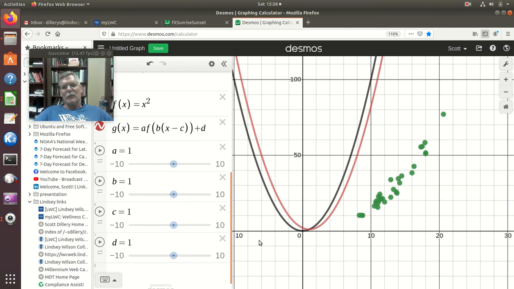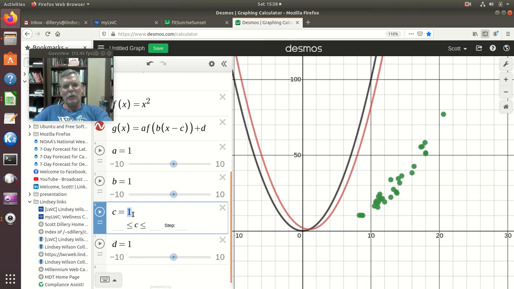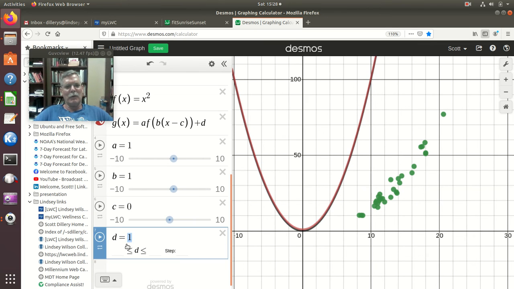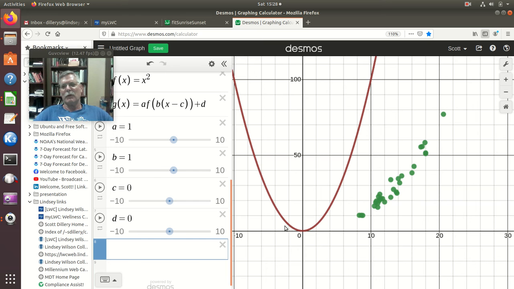And it's off a little bit because of the D being 1 and the C being 1. If we make those 0, and I can just type that in to make it 0, and D being 0, then we're right at where we had been starting.